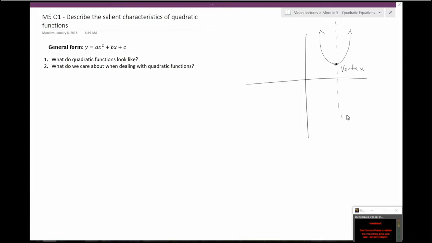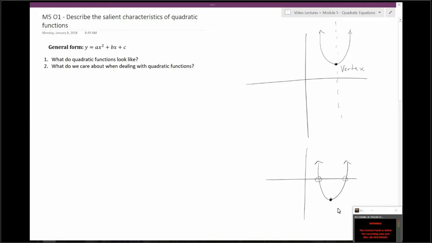The most important thing for quadratic functions is this vertex and if it crosses the x-axis. In this picture, this example parabola doesn't, but if I have something like this, those 2 points are going to be important for our quadratic function, and so will our vertex.